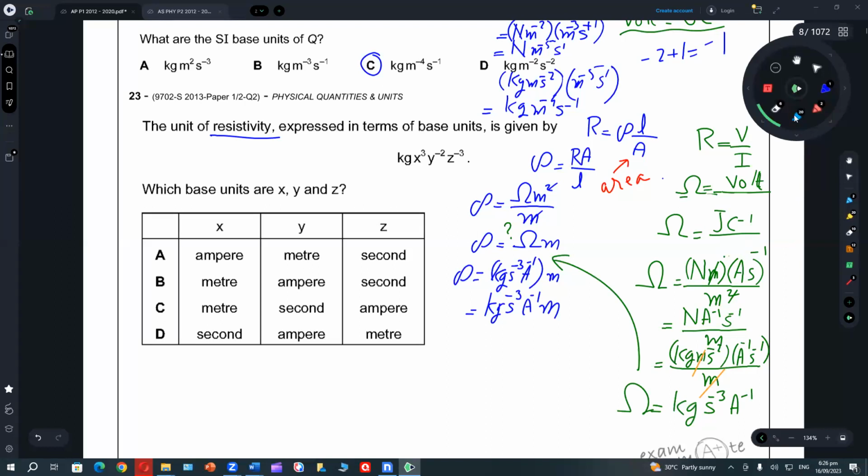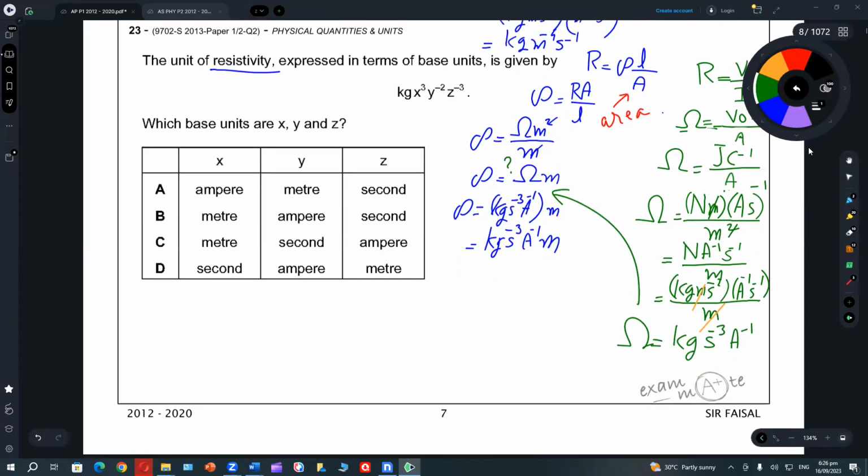This is the mistake. I wrote it right, but later I made it wrong by mistake. And this is something some people were already pointing out, that this letter is A, ampere, and it should be ampere here. So I got a mistake here and I'm now correcting it. So please correct with me.